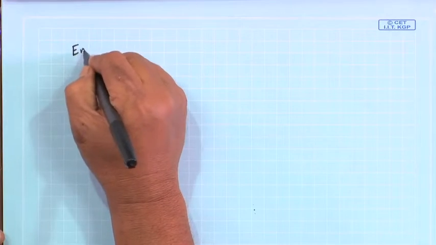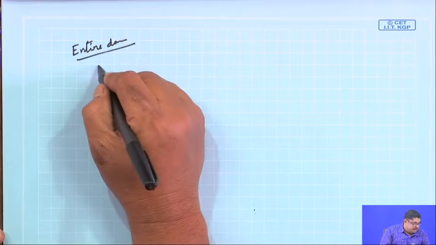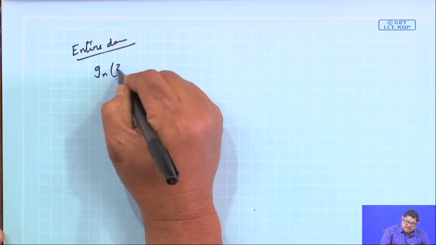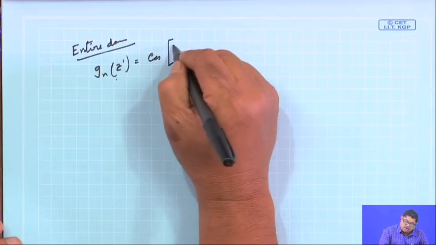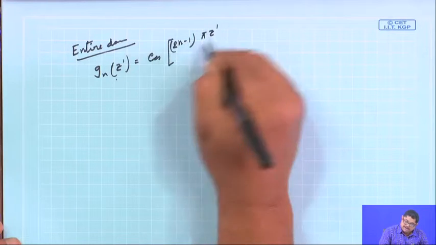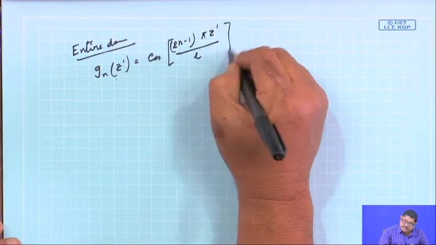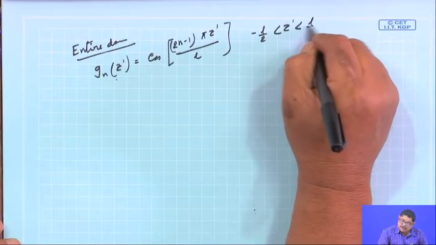Now, for the entire domain, as I said, one example is the sinusoidal. In our case, in the entire domain we can say, suppose I take cos((2n minus 1) pi z' / L), for z' from minus L by 2 to L by 2.